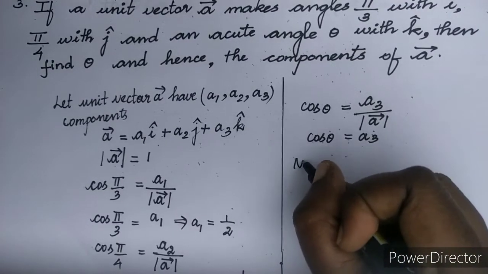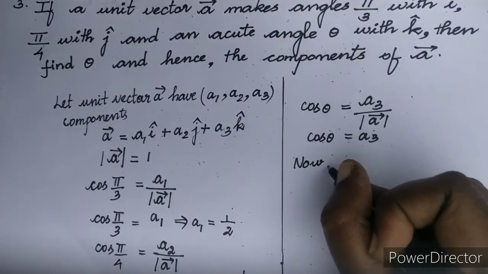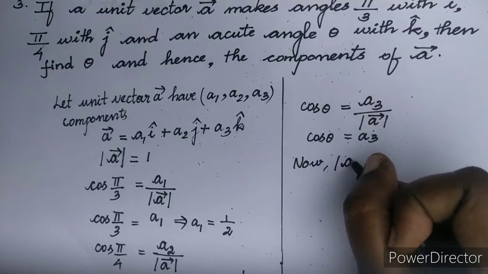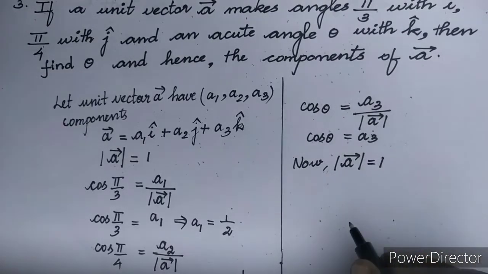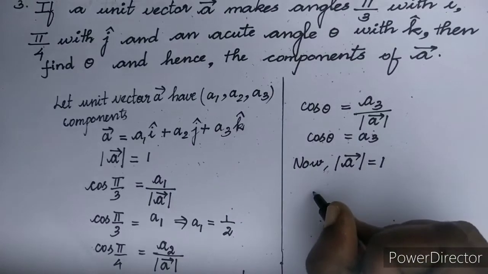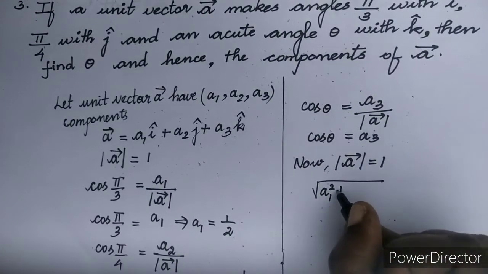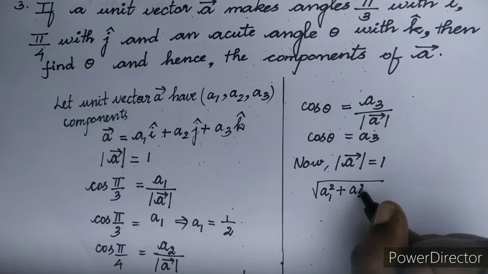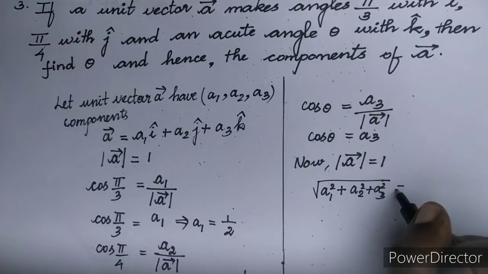Now, we already know that A vector is a unit vector. So, its magnitude will be equal to 1. Magnitude of A vector is nothing but root of A1 square plus A2 square plus A3 square, which is equal to 1.